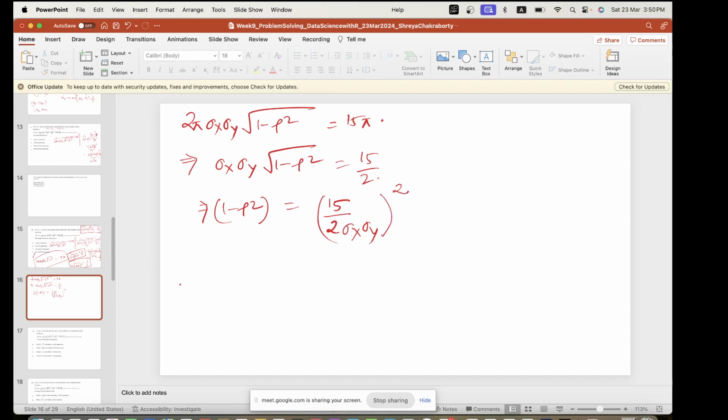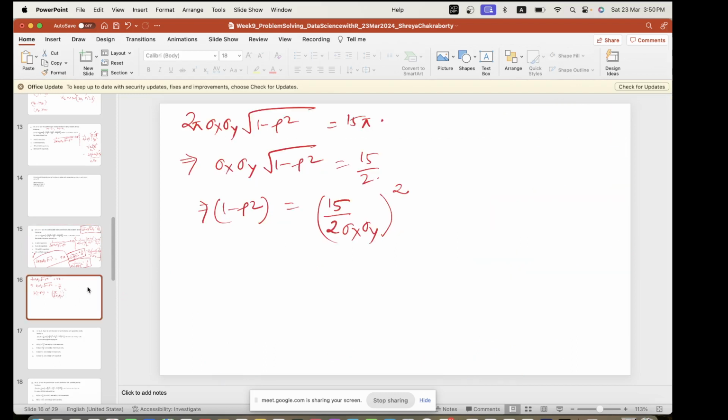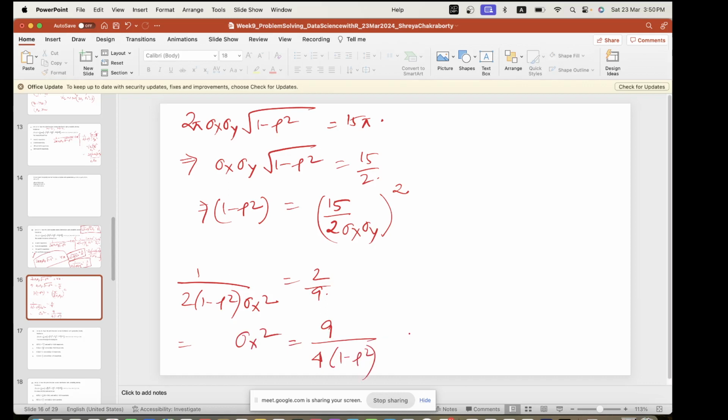Okay, so now substituting it in this equation, 1 by 2, 1 minus rho square sigma x square, that is 2 by 9. So we can write sigma x square equals 9 by 4 into 1 minus rho square.